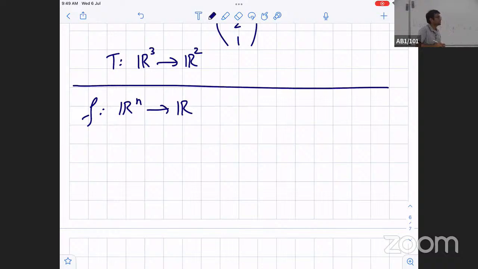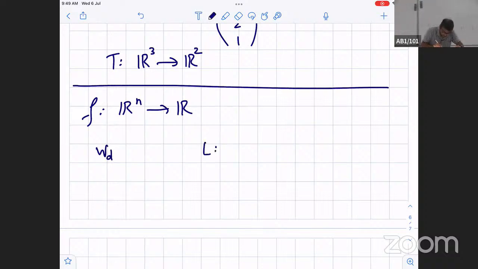If you look at the loss function, you were supposed to learn a W vector in Rd.